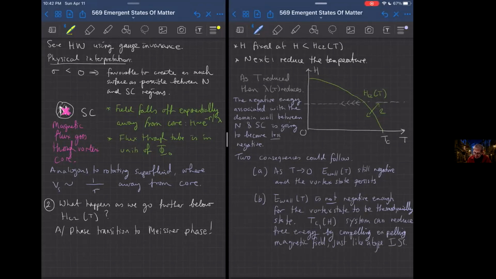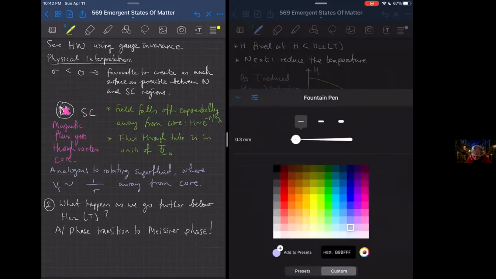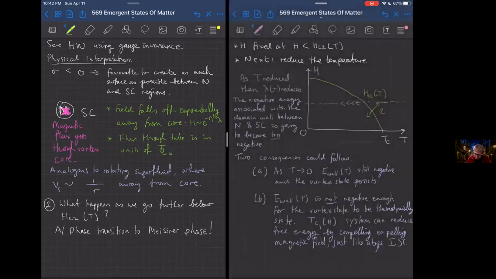So if that did happen, then what would that look like? Well, let's add another line over here. So that says as I go along here, somewhere there's a value of TC1, which is what I called it, and that's going to depend on what my external magnetic field is, so it'll be a function of H, where as I go below that, then I end up in the Meissner phase.